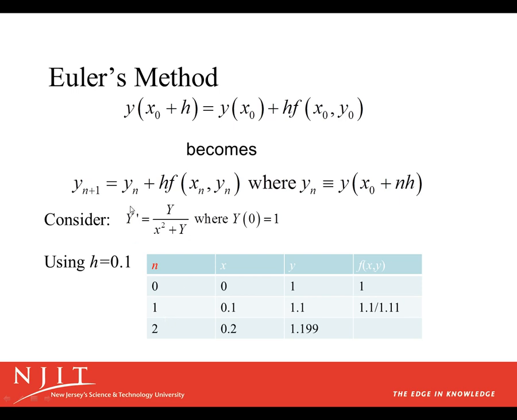And we'd get y2 is equal to y1, which was 1.1, plus 0.1 times the slope at 0.1, comma 1.1. And if we plug that in, we'd get this value over here, 1.1 over 1.11. And we'd plug that in, and so we'd get that our approximation for y at x equal 0.2 is 1.199.